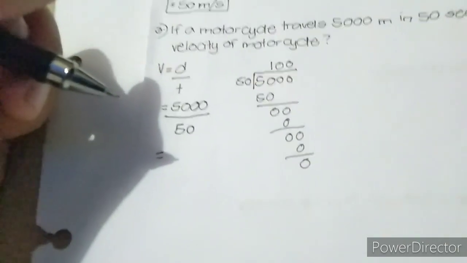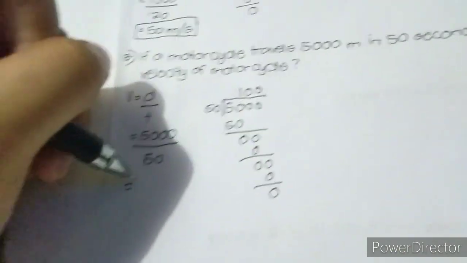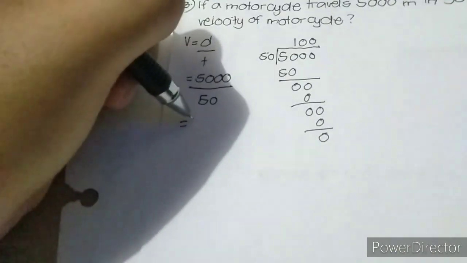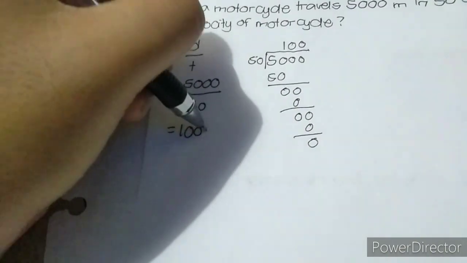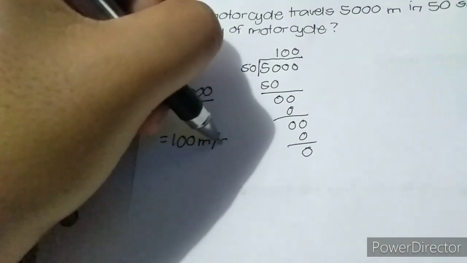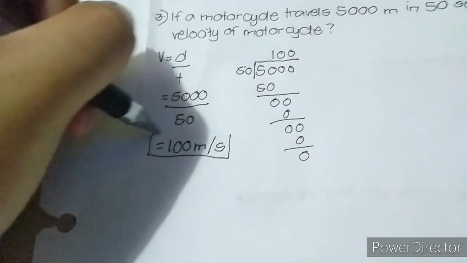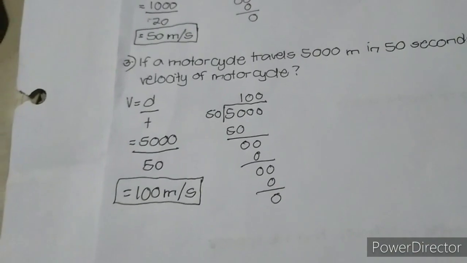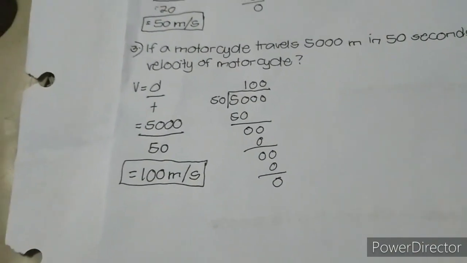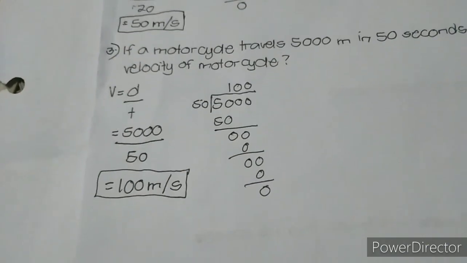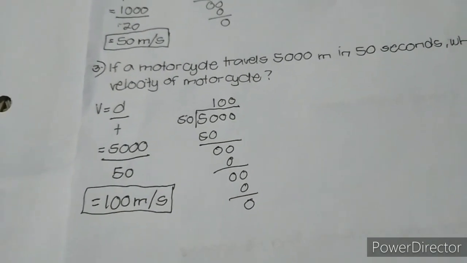So the velocity of the motorcycle is 100 meter per second. This is the velocity of a motorcycle that travels 5,000 meters in 50 seconds.